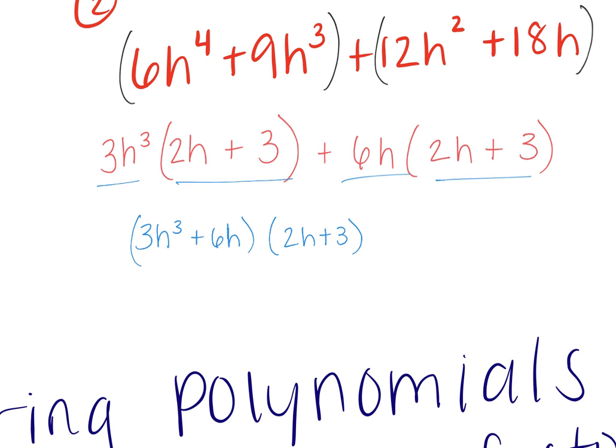Very good. The 3h cubed and the 6h. There's a common factor there. Does anyone see what it is? Carlos? It's 3. Not just 3. 3h. So if we pull out a 3h from the first two terms, what's remaining?